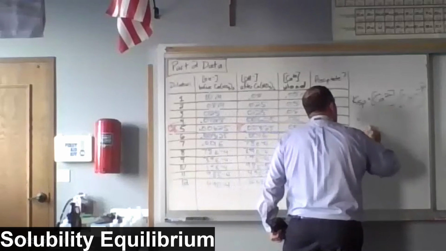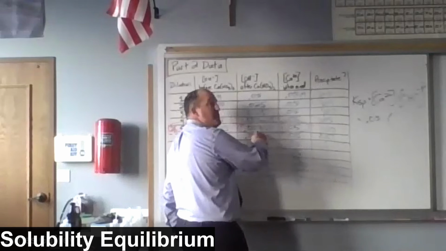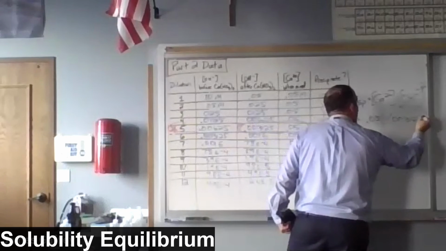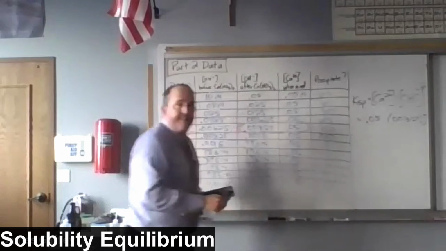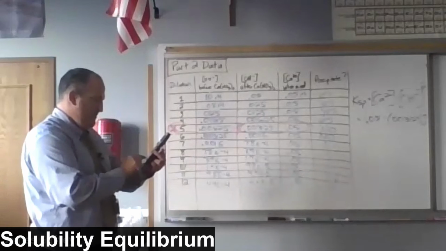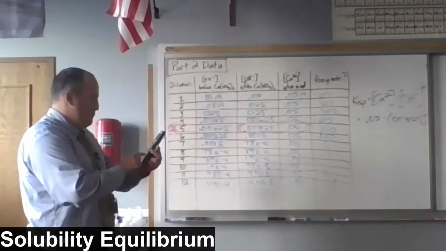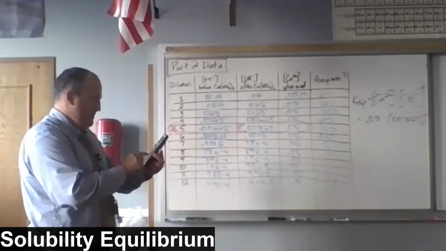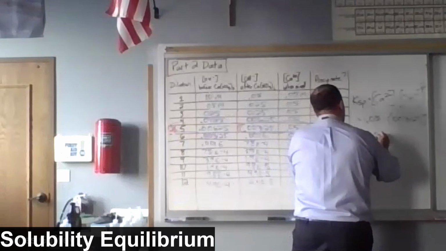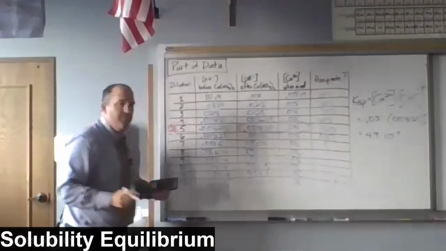So I'm going to write 0.05 times 0.003125 squared. We've got to type that into the calculator here. We get, rounding to two significant figures, 4.9 times 10 to the negative 7th.